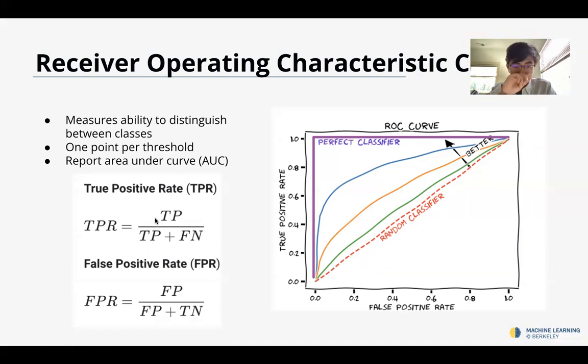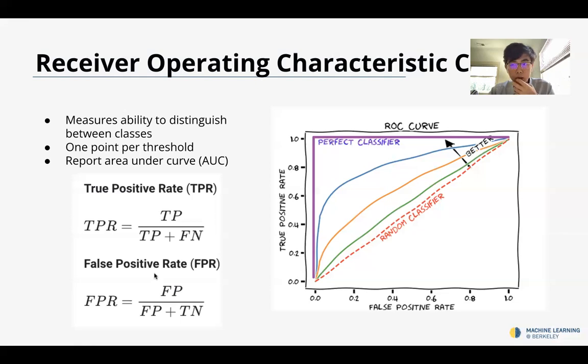This is similar to precision and recall, except the true positive rate is, of the positives, how often are you predicting that they're actually positive? And the false positive rate is how often you're predicting a false positive out of false positives plus true negatives.